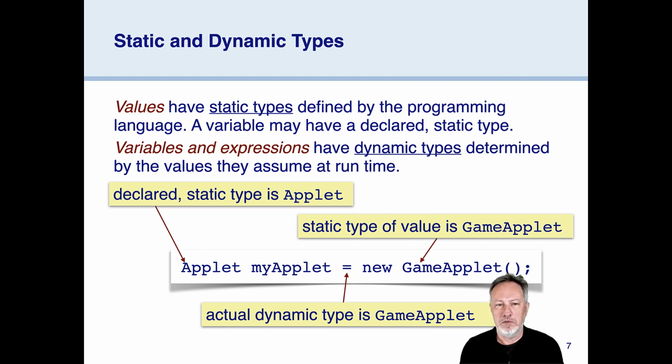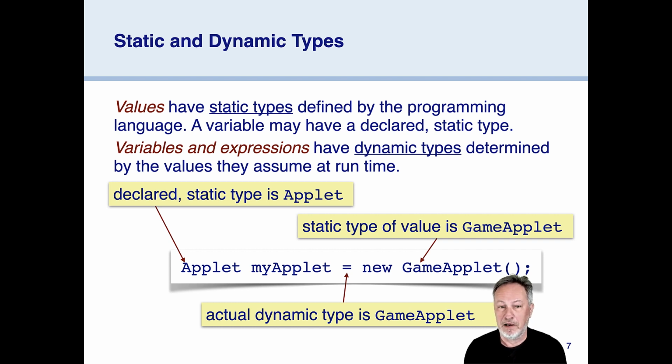A value in a programming language has a static type which is defined by the language. A variable may have a declared static type. So when we write in Java the line Applet myapplet = new GameApplet, that's a statement where we're declaring the static type of the myapplet variable to be of type Applet.